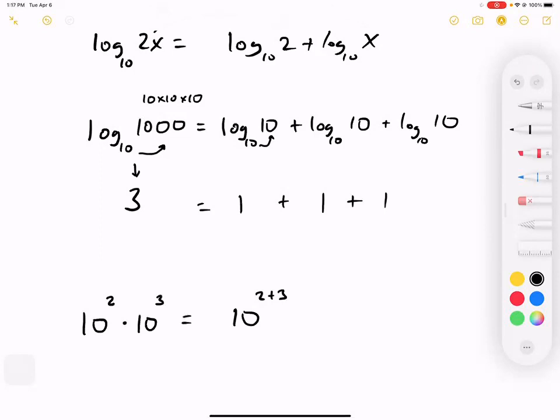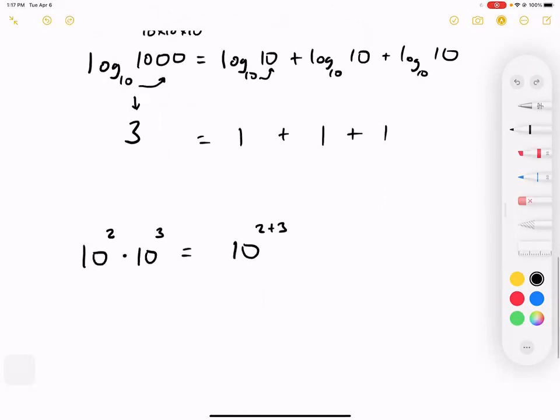And that's the idea here. We are multiplying on the inside. It really means adding on the outside because we're just adding exponent, exponent, exponent together. These are all exponents. If I'm multiplying the answer, I am adding the exponents. Look at this using our example. 1000 is 10 to the 1 power times 10 to the 1 power, right?